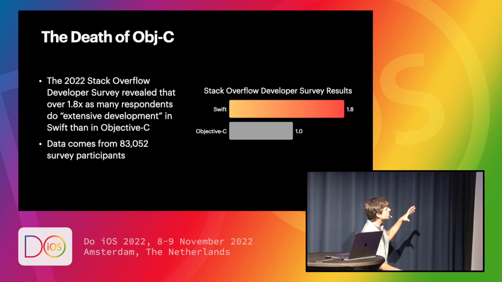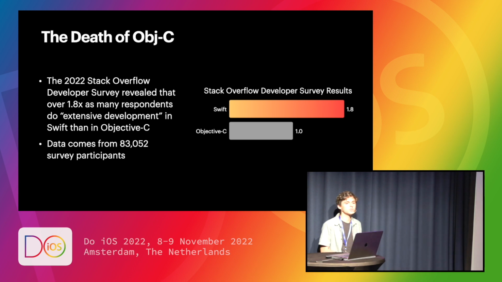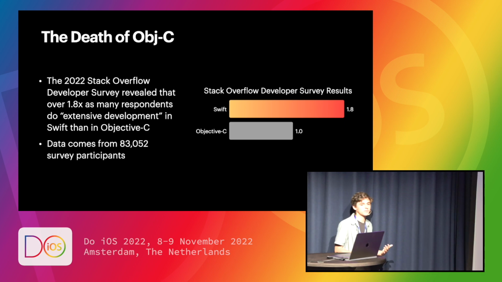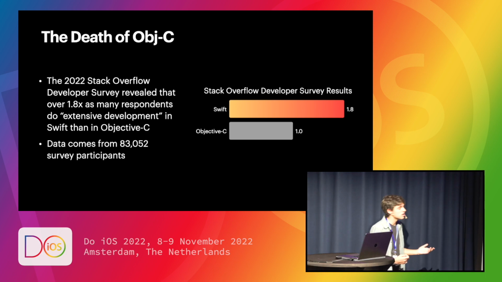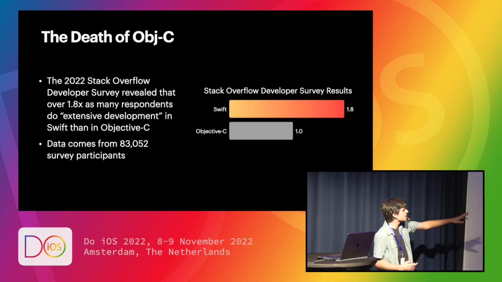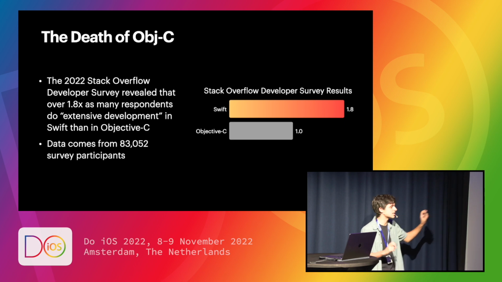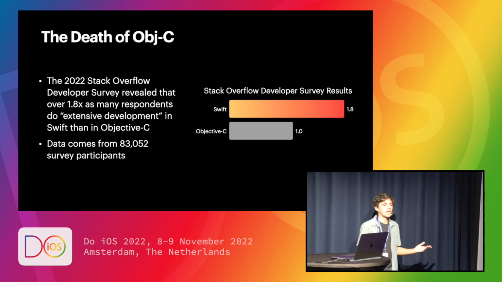What you can see over here is from the 2022 Stack Overflow Developer Survey: a whole lot more people now do extensive development in Swift than Objective-C. You have 1.8 times as many people using Swift extensively, as they would say, than Objective-C.